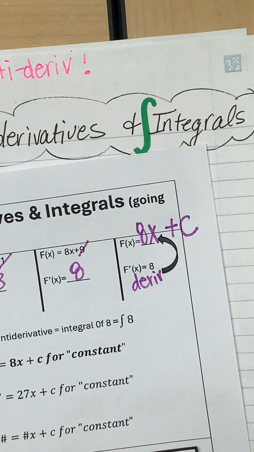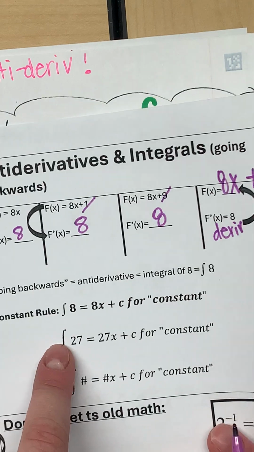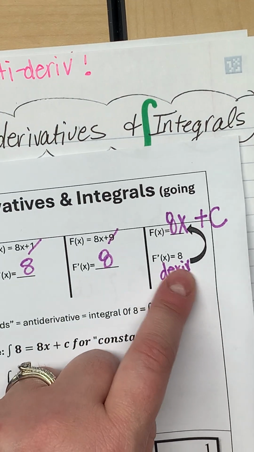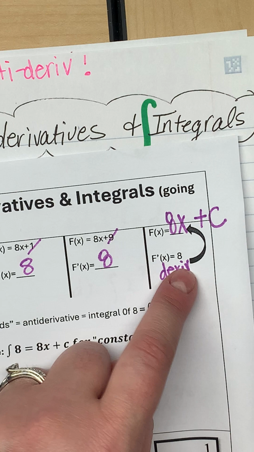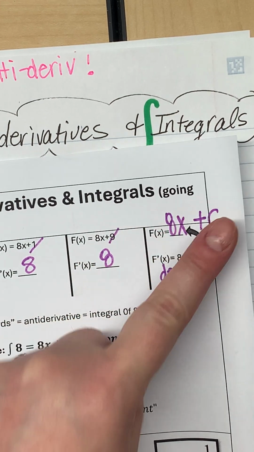So the point of this is, if you are given that the derivative is just a number, the original is that number times x plus c.